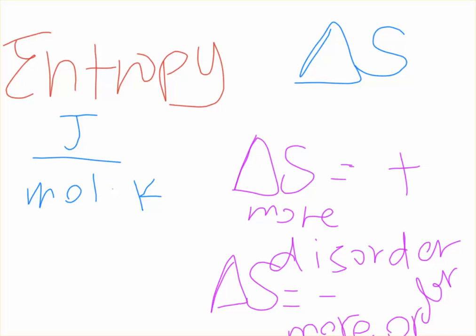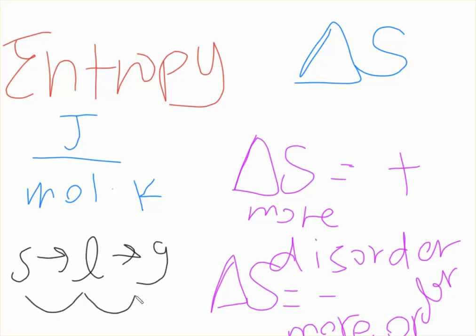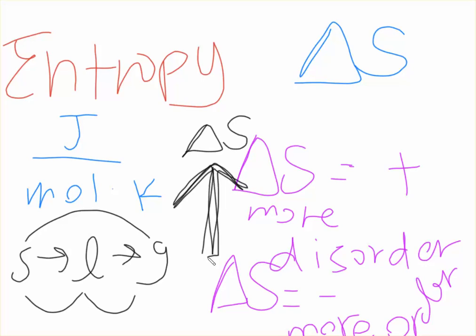What's synonymous with more disorder or more order is the states of matter. When you shift from solid to liquid to gas, your change in S, or your change in randomness, increases. That's a very important key concept.